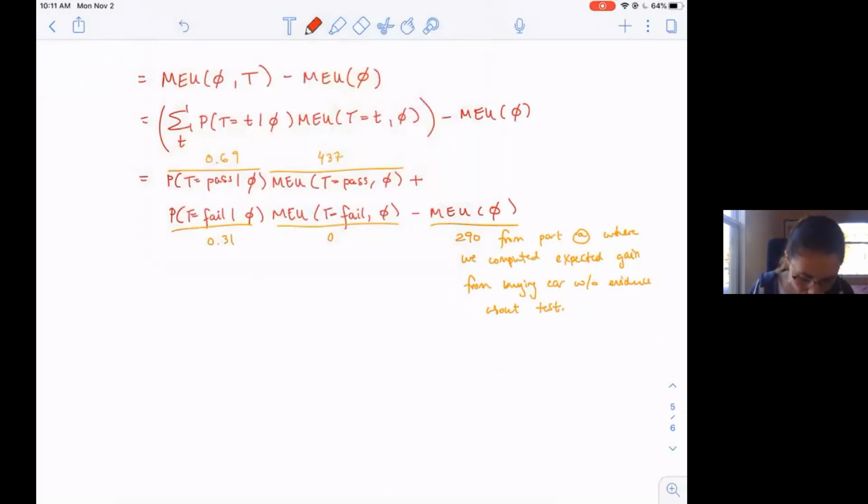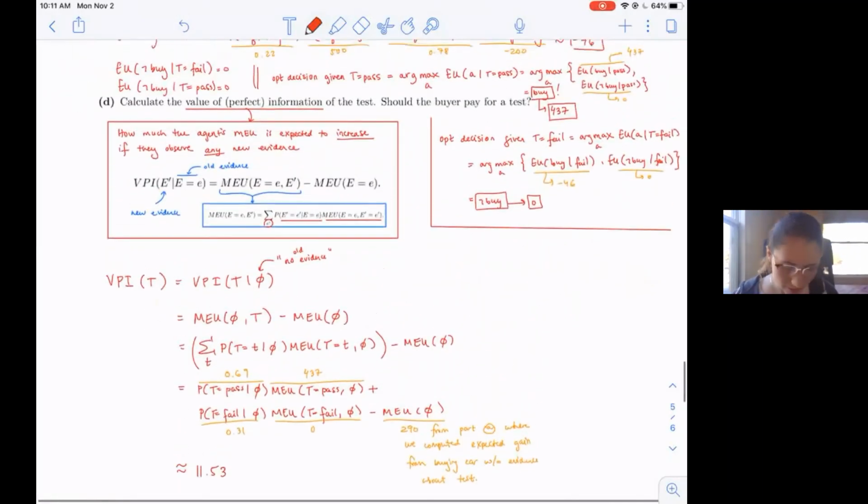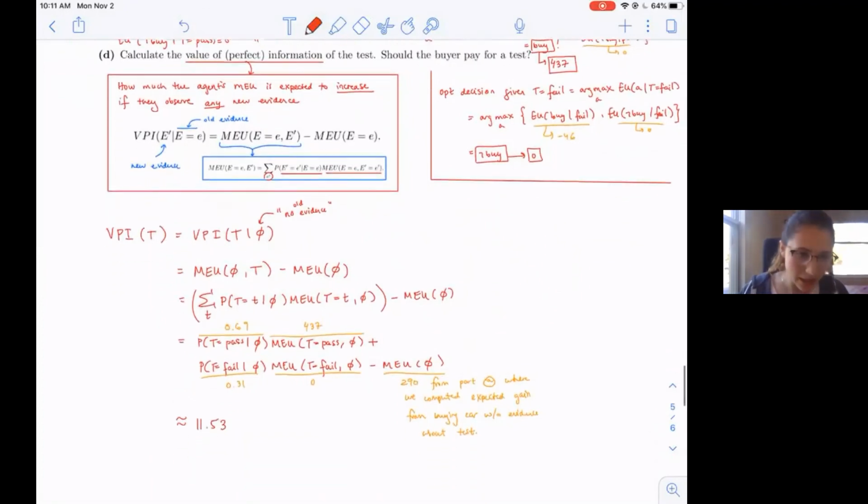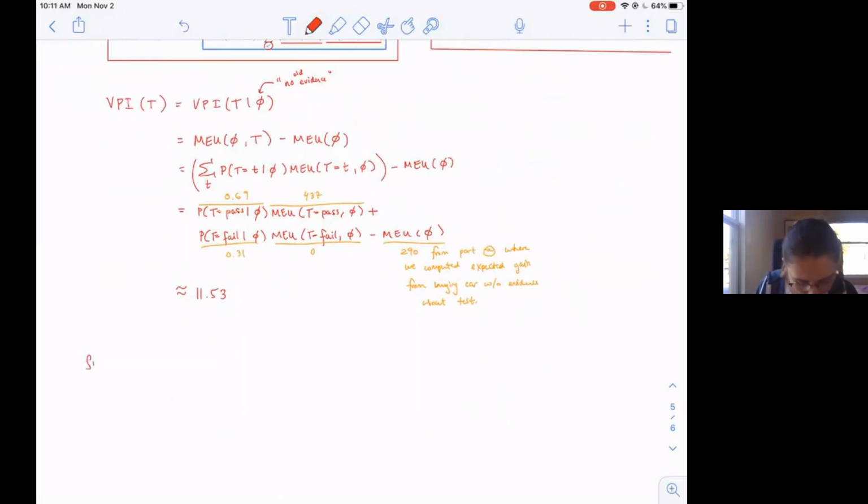All right, if we plug in all these numbers and multiply them out, we'll get a total of 11.53. So we were doing all these calculations to answer the question, should the buyer pay for a test? Since it costs $50 to do a test, as originally stated in our problem, we shouldn't pay for it.